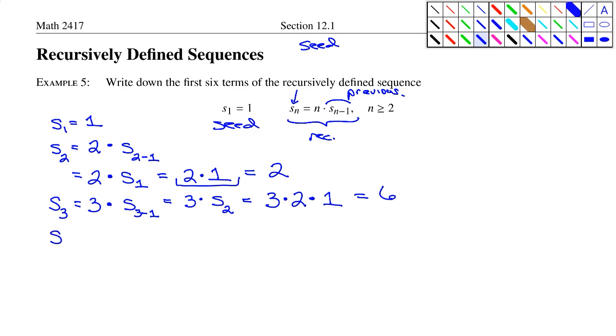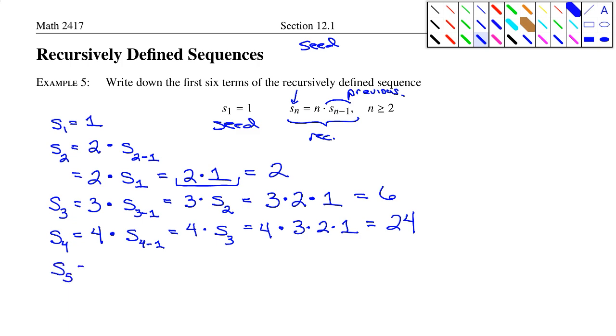Next we get S sub 4, which would be 4 times S sub 4 minus 1, which is 4 times S sub 3. And so this would be 4 times the previous multiplication, 3 times 2 times 1. 4 times 3 times 2 times 1 is 24. Hopefully you're seeing the pattern here. Let's continue on.